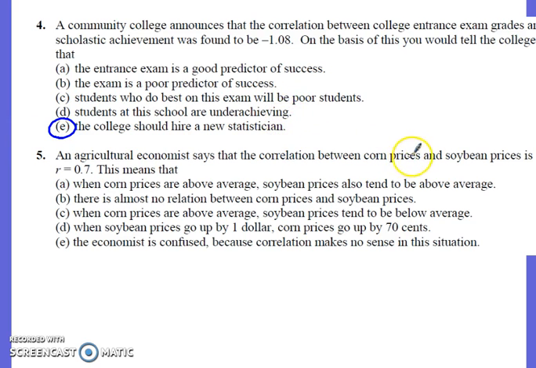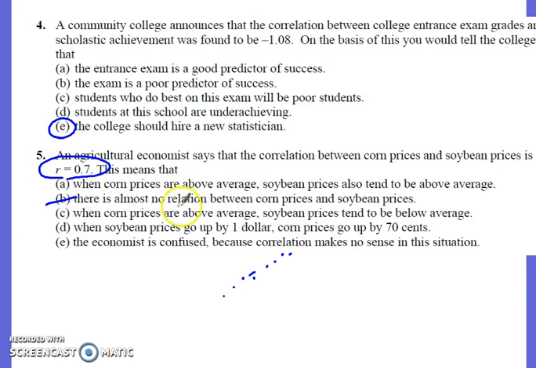Correlation between corn prices and soybean prices is r equals 0.7. So first of all, this is positive correlation, which means that they're both increasing. So as corn increases, soybean increases. So when corn prices are above average, soybean prices also tend to be above average. Letter B, there's almost no relation.